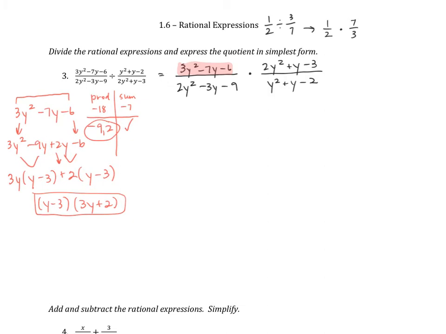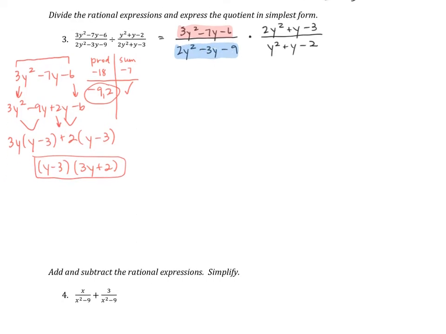All right, now I'm going to have to factor the bottom. It's the same process, but with different numbers. So if I do that one in blue, I will have 2y squared minus 3y minus 9. So I need the product to be negative 18 and the sum to be negative 3.